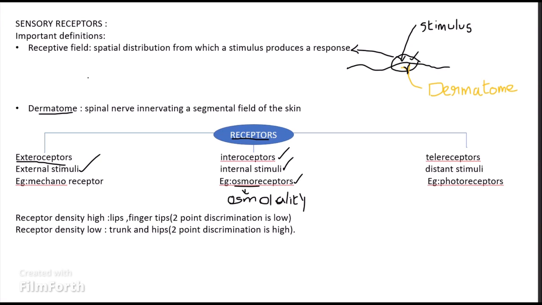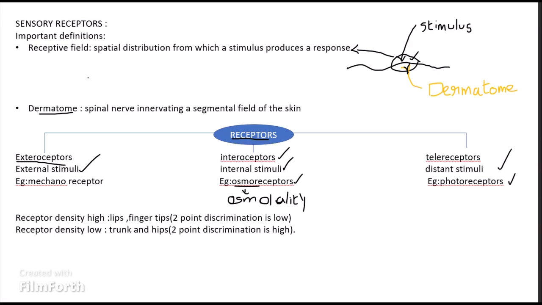Telereceptors are the receptors which receive distant stimuli, like photoreceptors. Light. Even if you close your eyes, you can feel the light falling on your skin. Right. That is the telereceptor. Means the stimulus is not within you. It's not actually touching you.